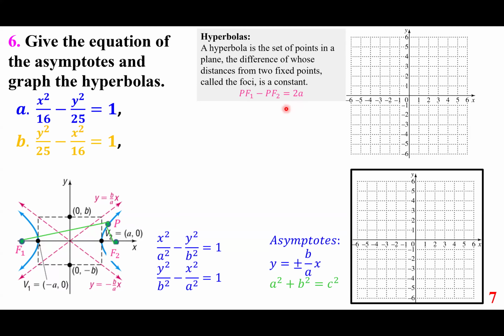Sometimes they just write the absolute value of that because it depends how you choose your foci and which one becomes larger. But if this is larger, the distance is 2 times a. And please understand, this distance is a, everybody, in this graph at least. This is a.